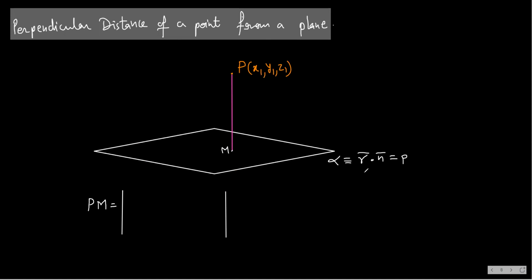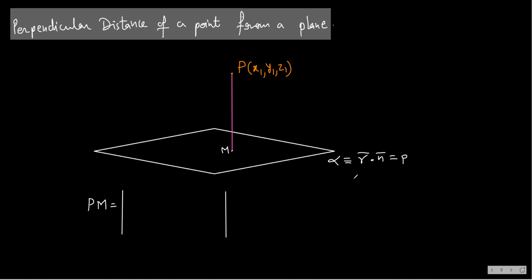Now listen, what is r bar? If I ask you what r bar is, you would say that r bar is nothing but the variable point position vector.